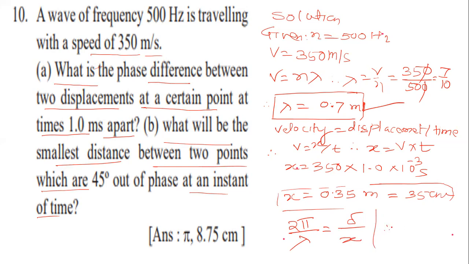And therefore, this delta will be equal to 2 pi x divided by lambda. That is, delta is equal to 2 pi x divided by lambda. Here the value of pi is 180 degree.